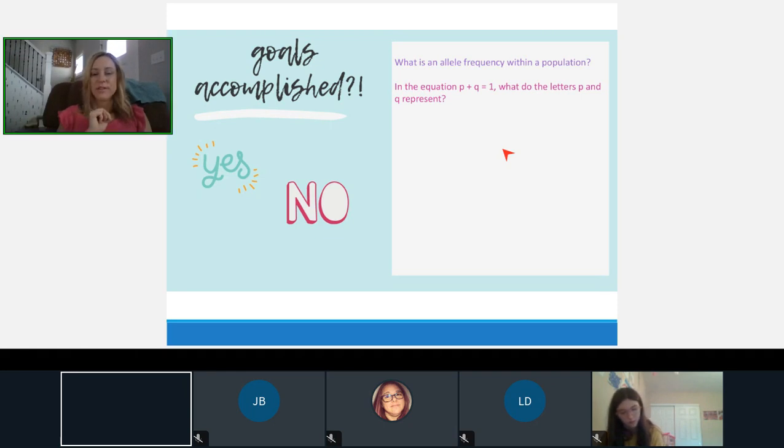In order to use that equation, we have to assume that what? Two assumptions that we make. Yes, that there's random mating. Yep. So that they're choosing their spouse randomly. They're not being forced to choose. Good. And yes, good job, large population, right? We're not just dealing with a very small population with limited choices.